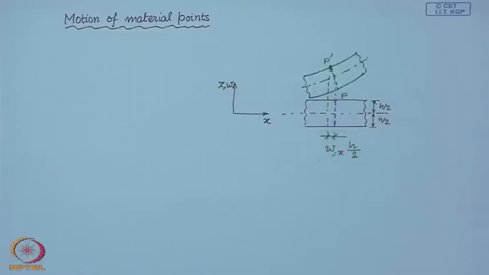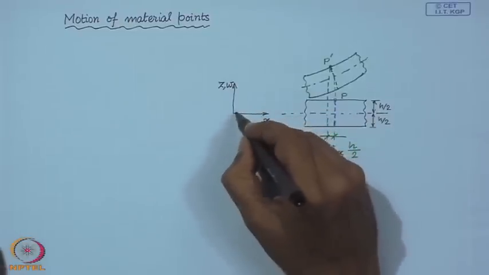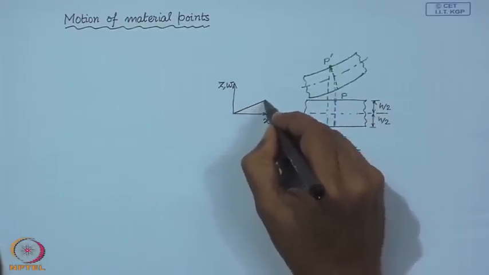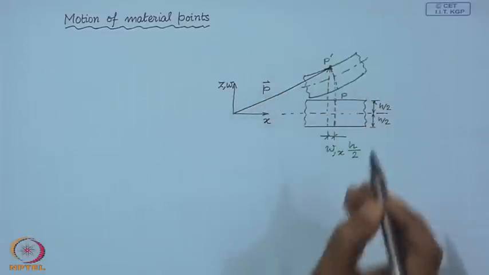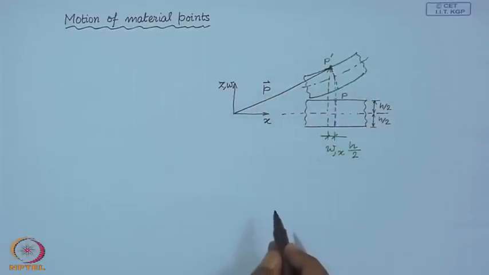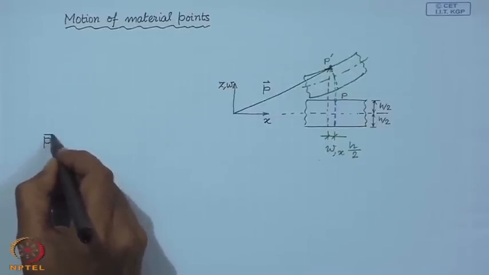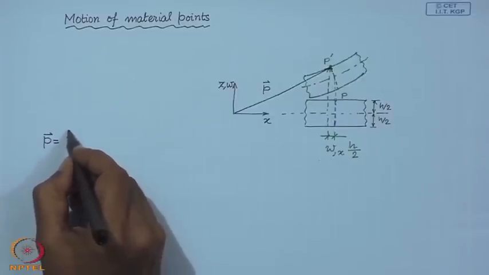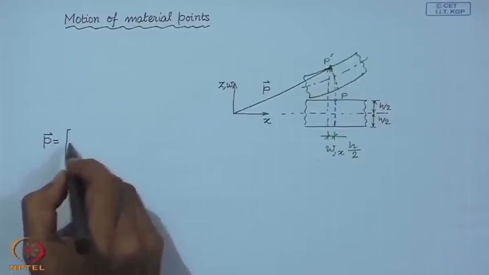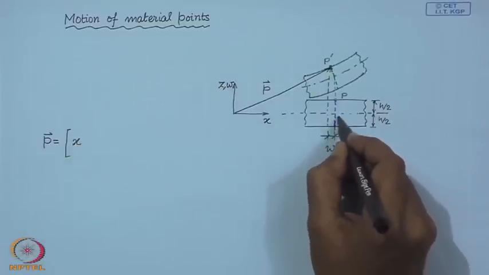Now, then I can write this position vector P. So, this location was x.